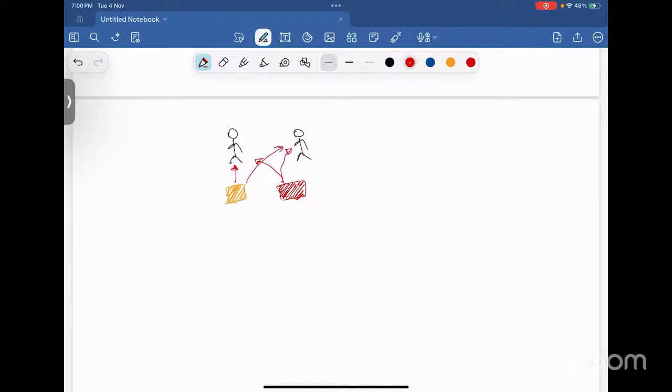So here there are two different ways in which I can give the gift box. Giving this red to him and giving this red to him are different.